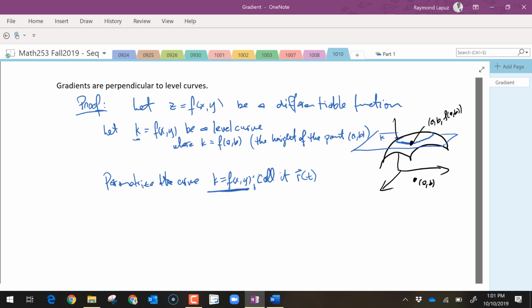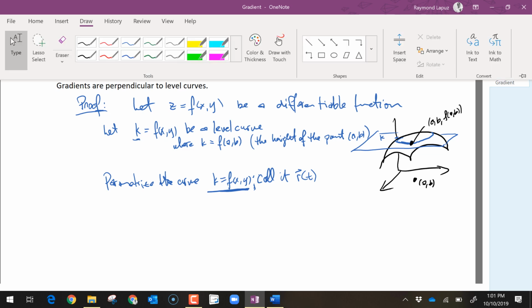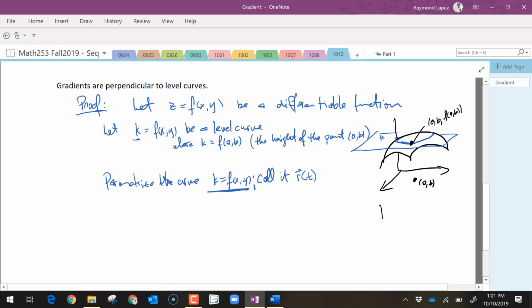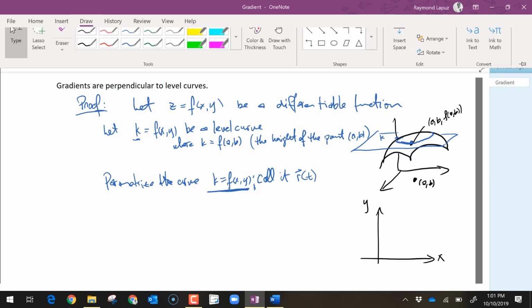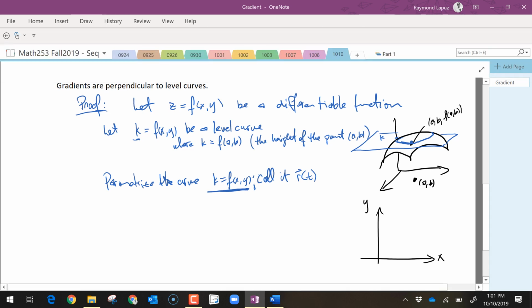Again, the level curves that we see, your topography maps, are all flat on the xy plane. All you see are those curves on the xy plane. So I would draw this on just the xy plane without the z. And whatever that curve is going to look like, it's going to look whatever it's going to look like.